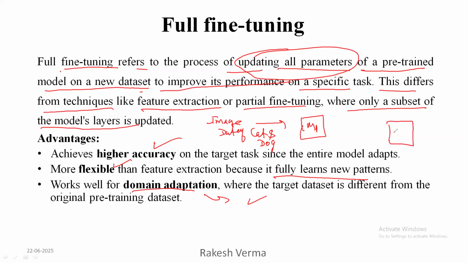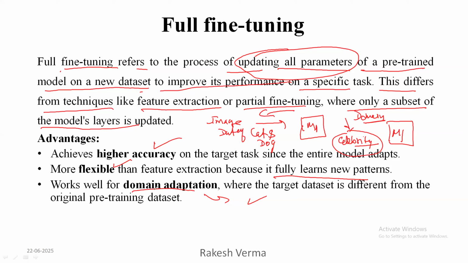But when we try to use this existing model and train it on data of celebrities, as I told you, celebrity identification, name ID, then we need to update all the parameters. Because in this case, the domain of the dataset is entirely changed from the earlier one.